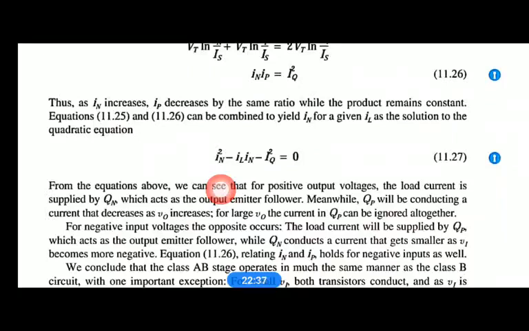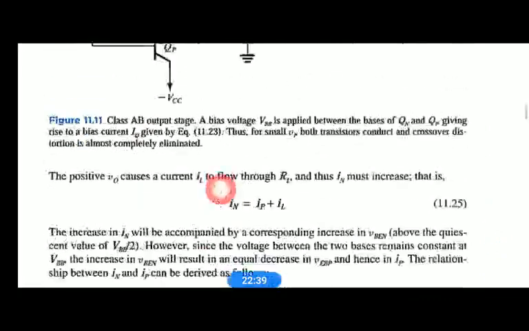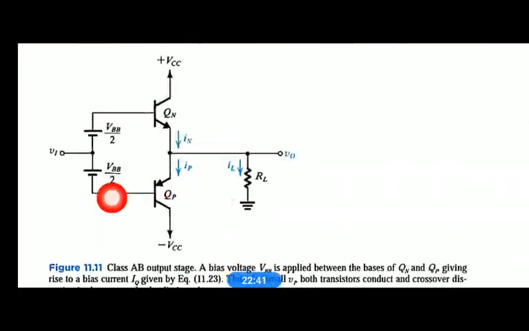So in the same way, if you observe the negative half cycle, all the operation gets reversed here. When negative voltage is applied, the negative voltage at this point is increased. See, already a negative voltage is applied here at the base.